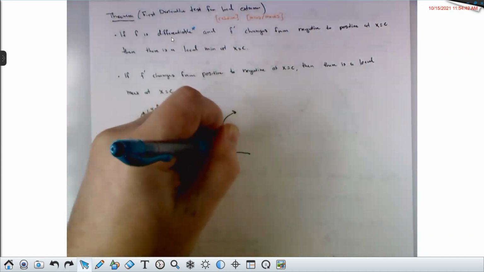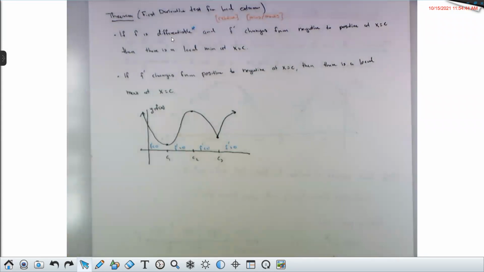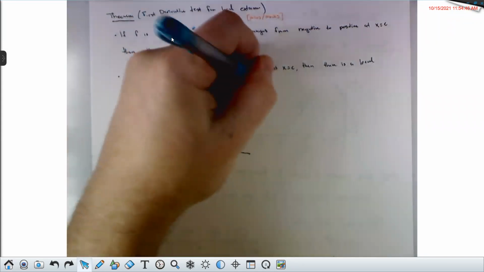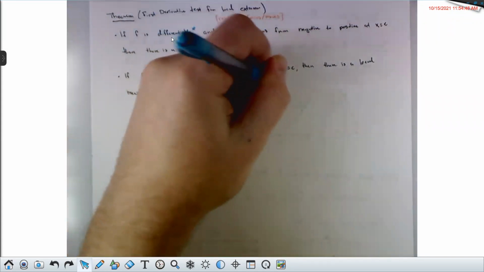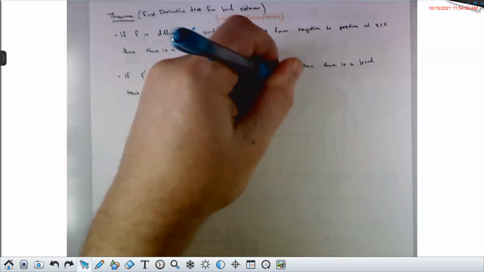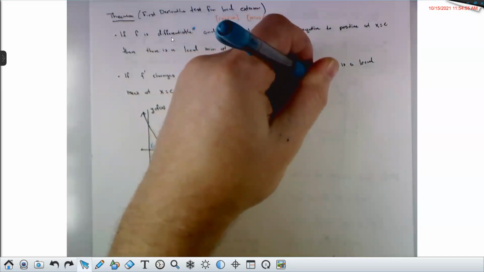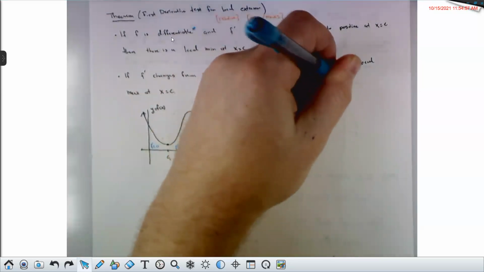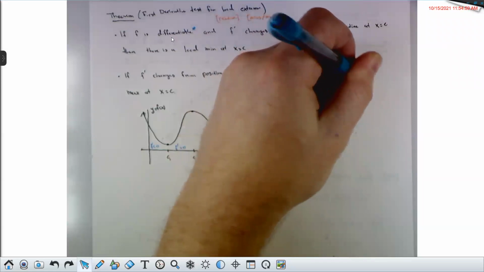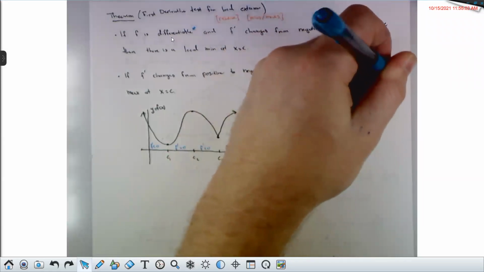And f prime is positive here. And the asterisk here is differentiable near c, but not necessarily at x equals c.